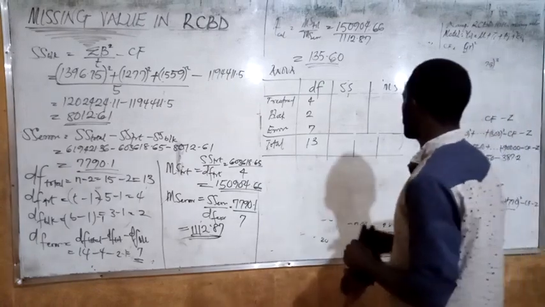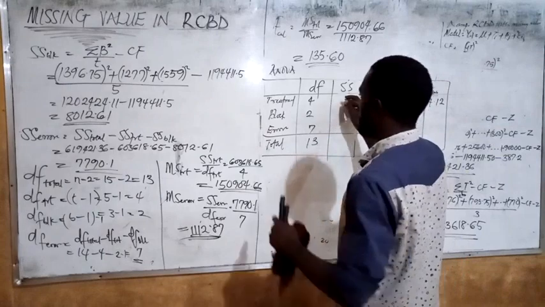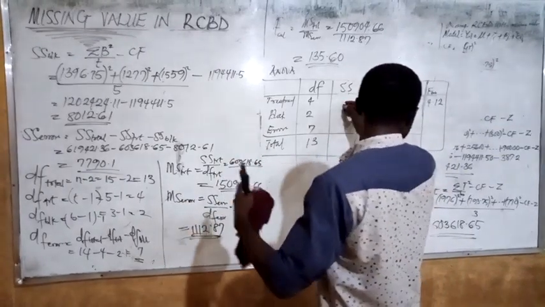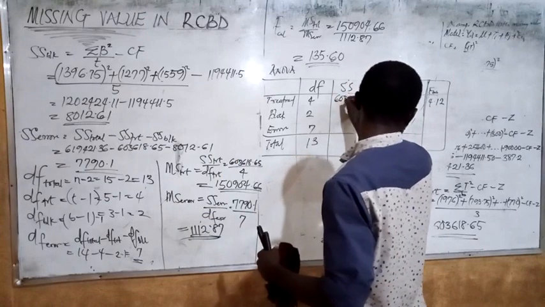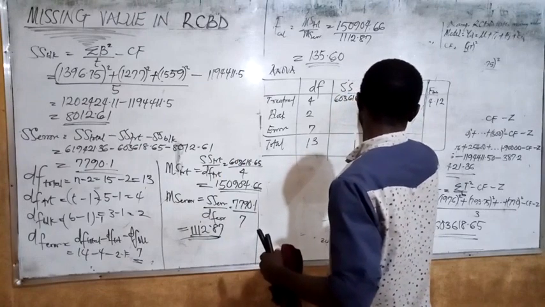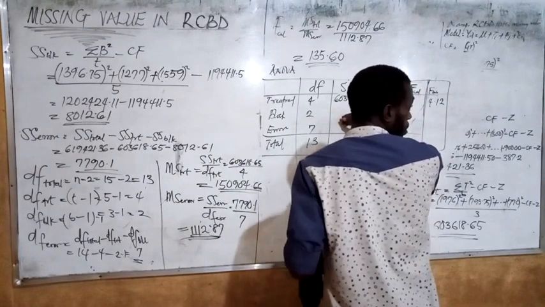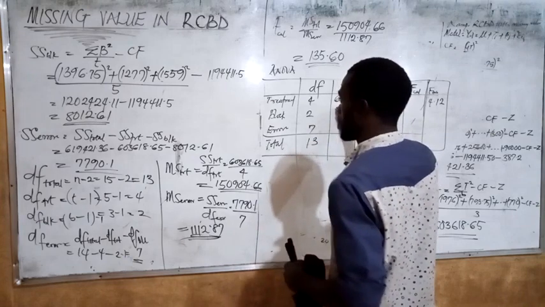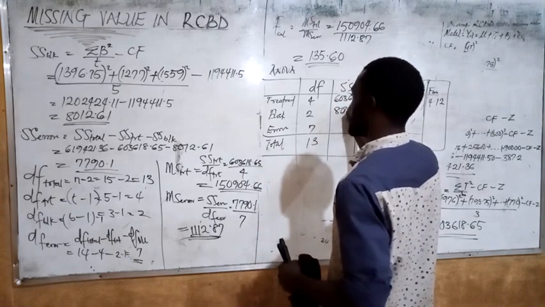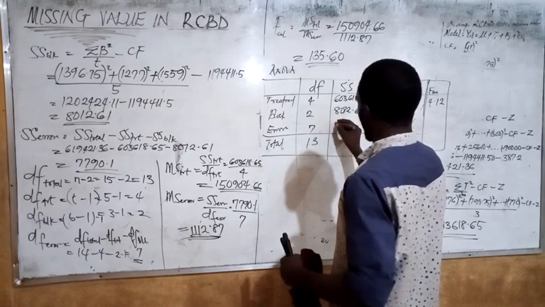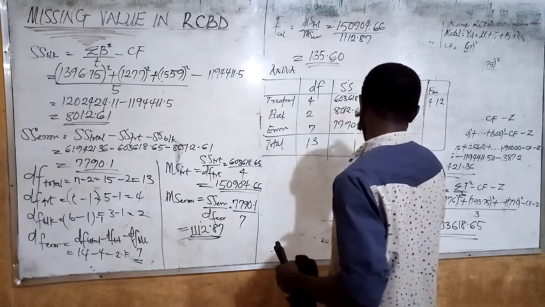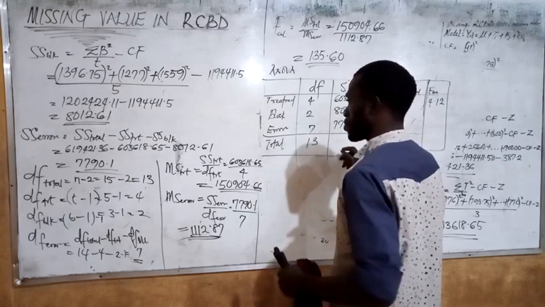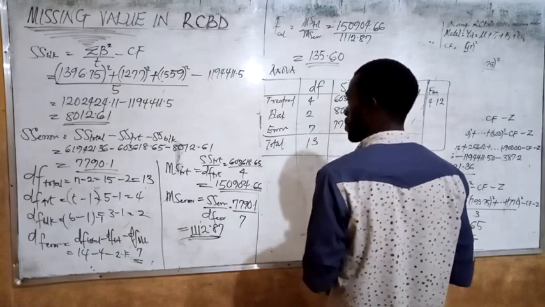Alright, so SS treatment we had, what was SS treatment? 603618.65, right? Then block 8012.61 and error 7790.1. Then the total, please, what is the total?